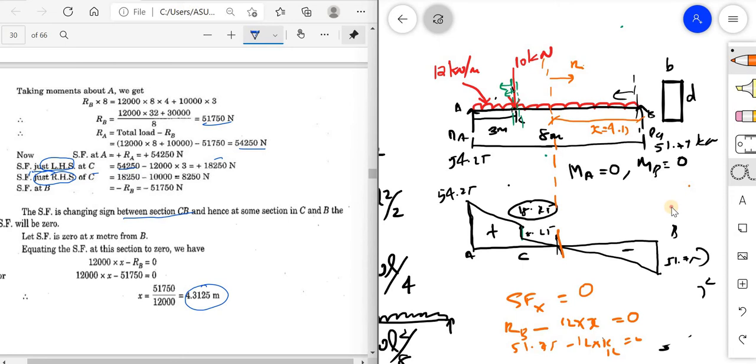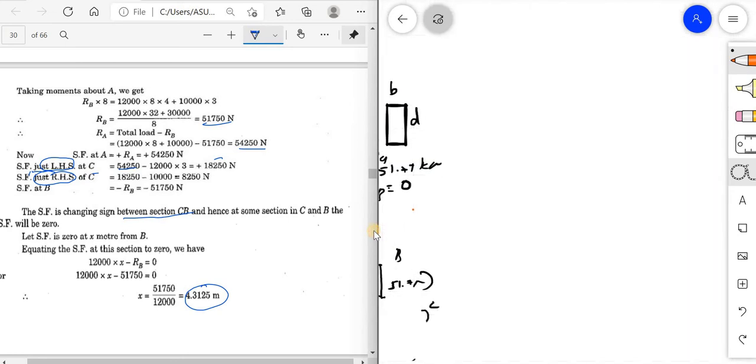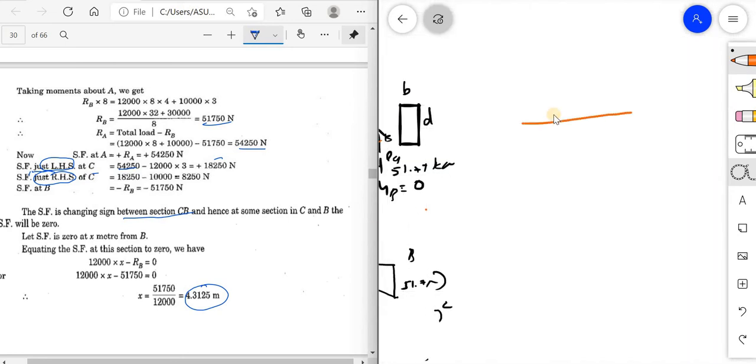Once again I can draw the figure. This is the given beam and the loading conditions are given like this.